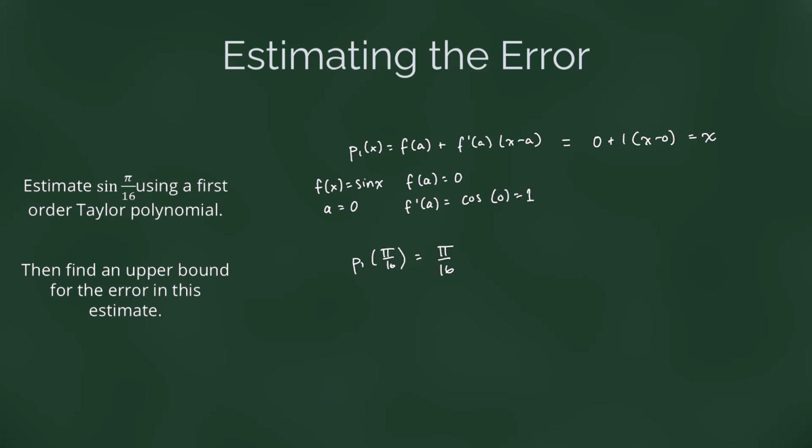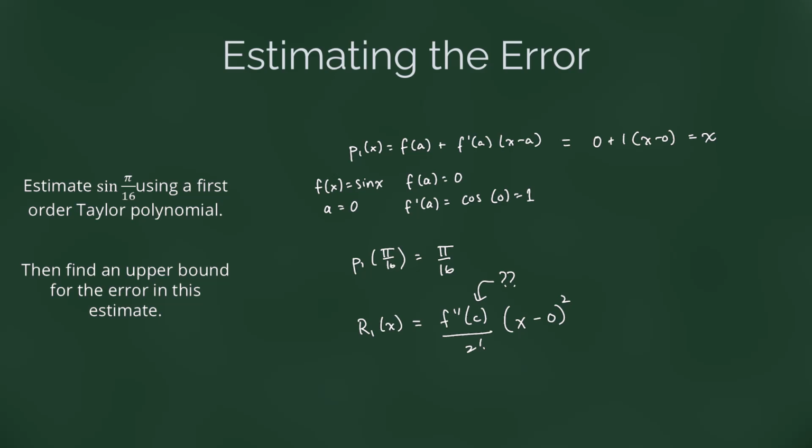We'll take a look now at our error estimate. We know that r sub 1 of x, the error in our first degree polynomial, is exactly equal to the second derivative at some value c over 2 factorial times x minus 0 squared. But we don't know what c is.